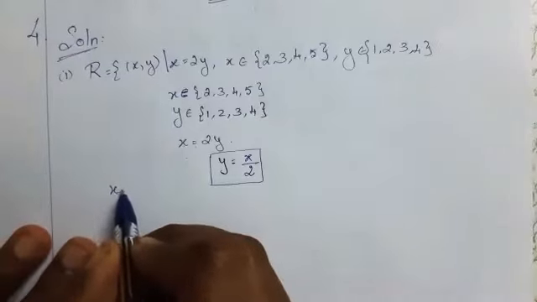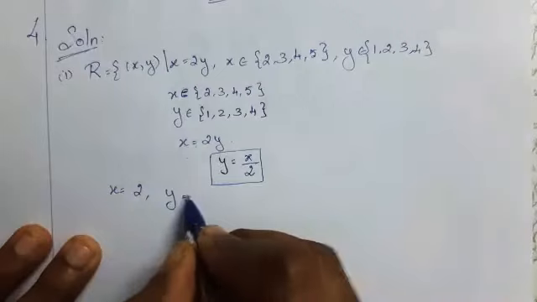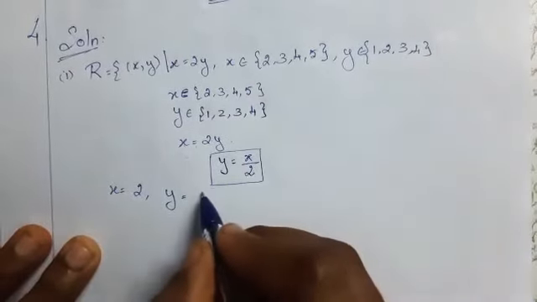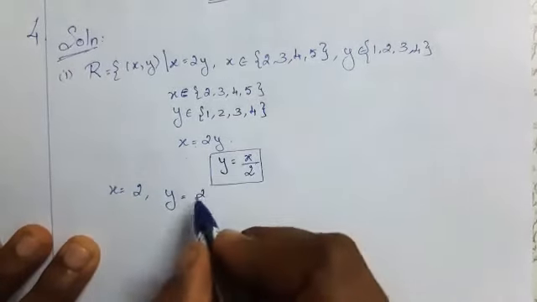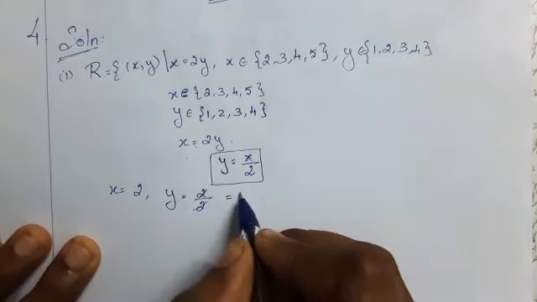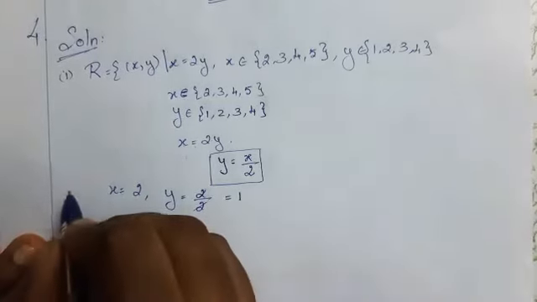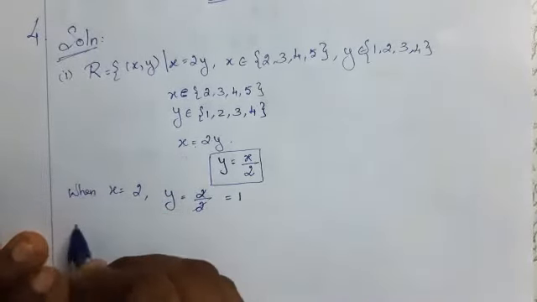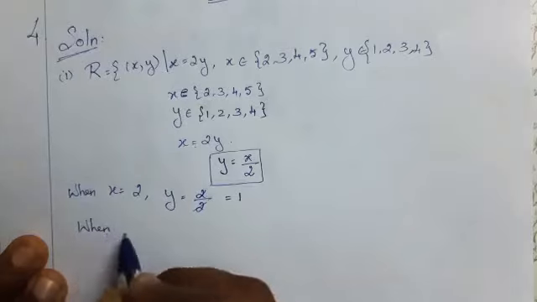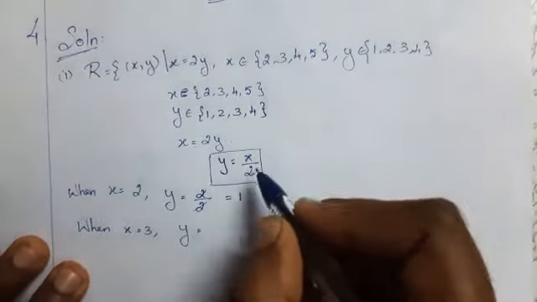Now start. When x is equal to 2, y is equal to 2 by 2. In the place of x, substitute 2. 2 divided by 2 is 1. Next, when x is equal to 3, y is equal to 3 by 2.